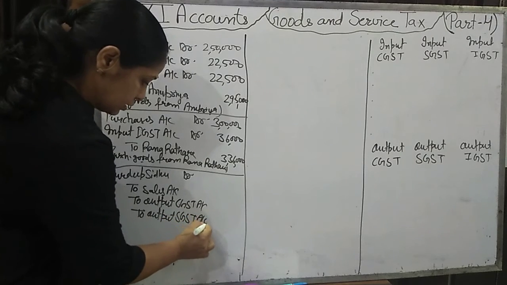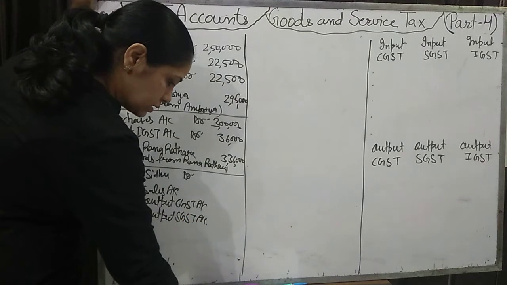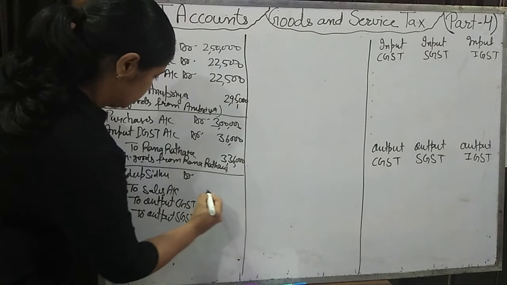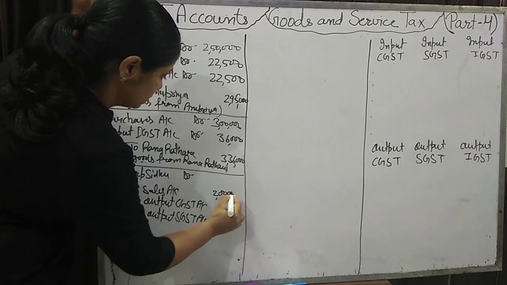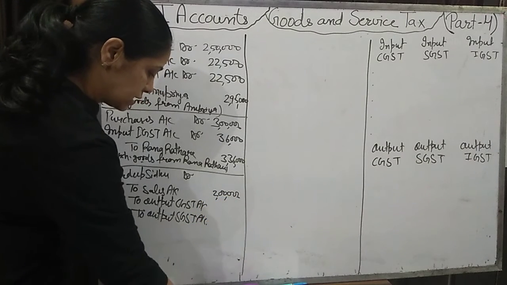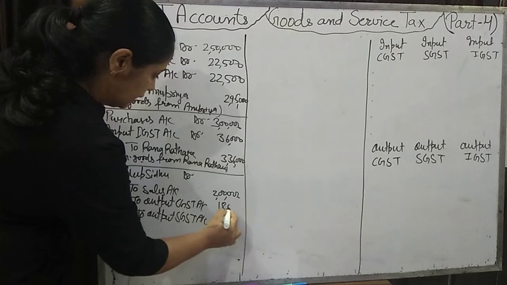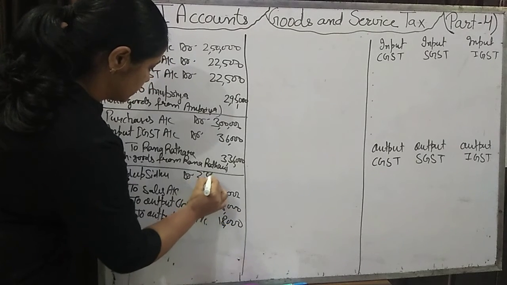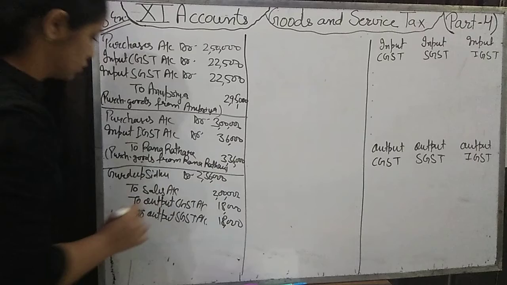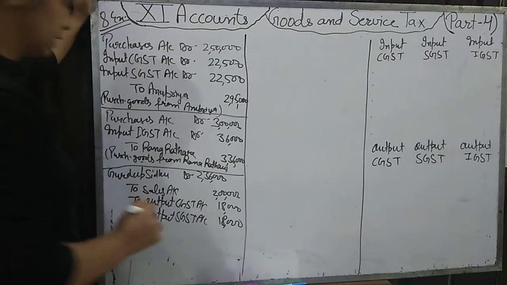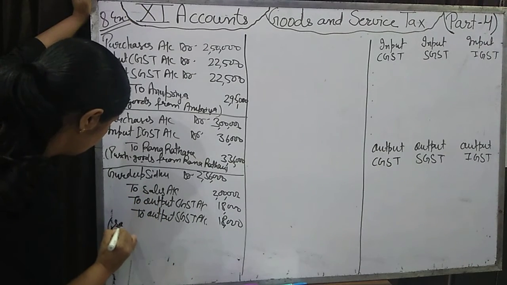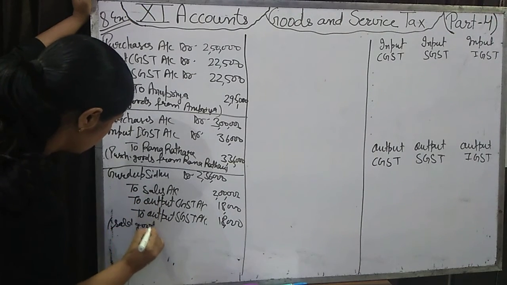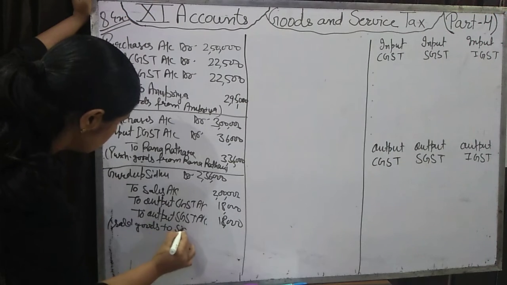Amount is 2 lakh. 2 lakh of sale and percentage of GST is 9%. 18,000 and 18,000. Total amount the businessman will take from Gurdeep Sidhu is 2,36,000. Write the narration: Sold goods to Sidhu.